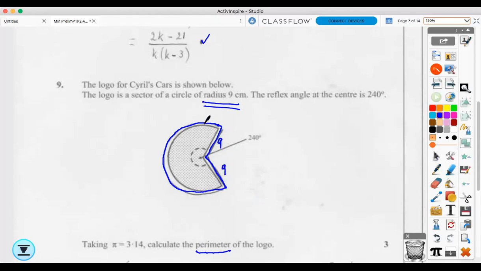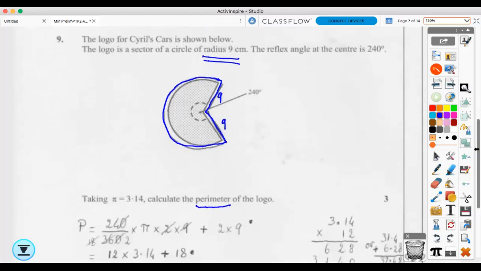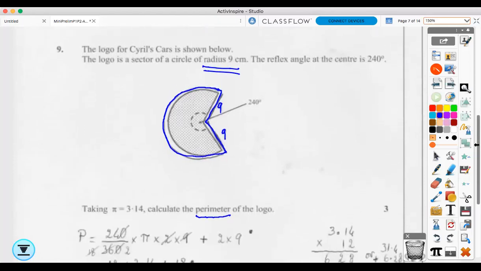So how do I find a sector length? What we said is we do the angle itself. So this is 240 divided by 360. That's what we used to say, theta divided by 360 times the perimeter of a circle, because we're looking at perimeter, pi d. We've been asked to use pi equals 3.14.